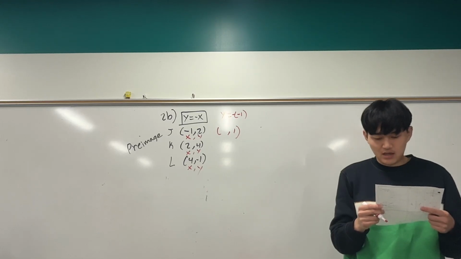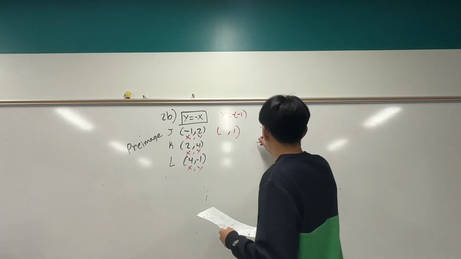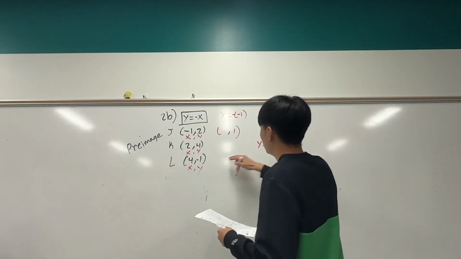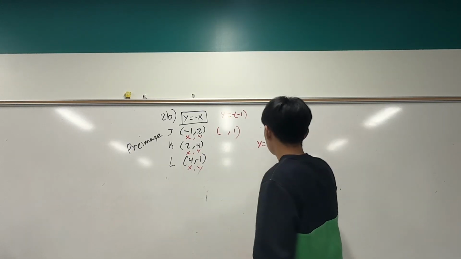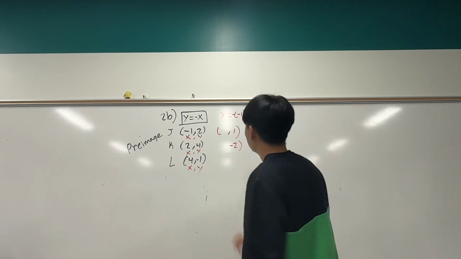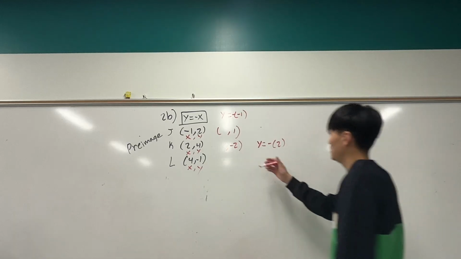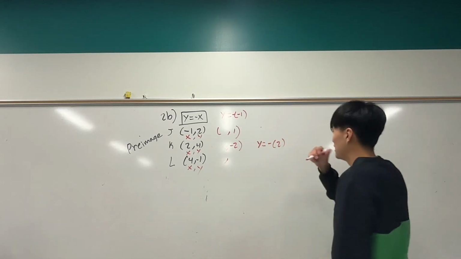Okay, and then for k, if I do the same thing, I'll write it here. So if I plug in x for 2, this would be -2, right? And then if I plug in the next one, what would that be? -4, right?